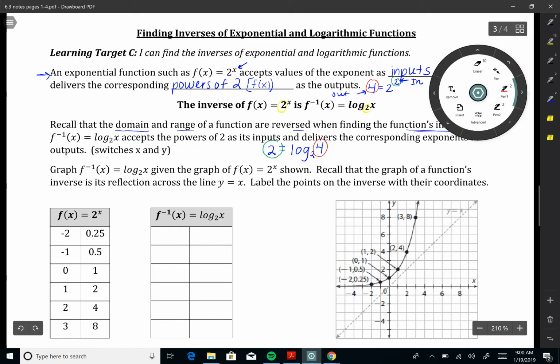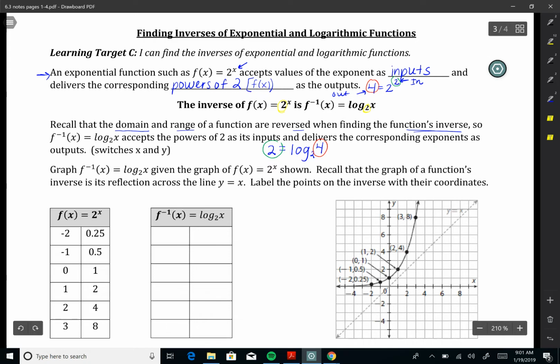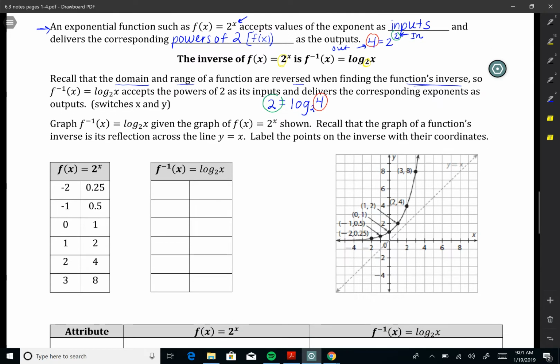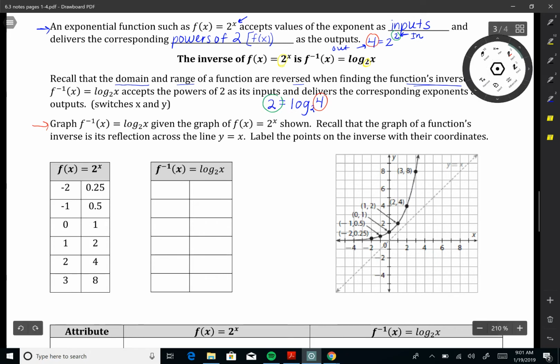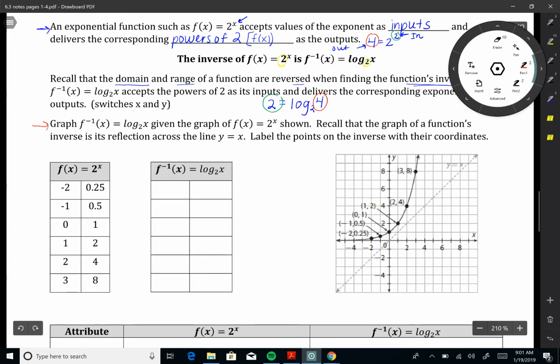Hopefully that makes sense after going through our logs in our class activity. We're going to discover what the graph of a log function looks like, knowing what we know about inverse functions. It says graph f inverse of x equals log base 2 of x, given the graph of f of x equals 2 to the x shown. Recall that the graph of a function's inverse is its reflection over the line y equals x.